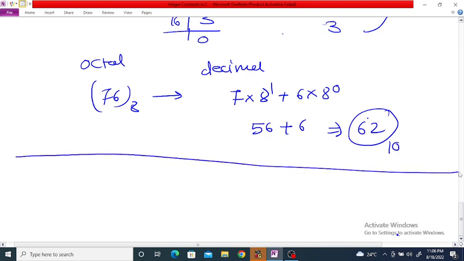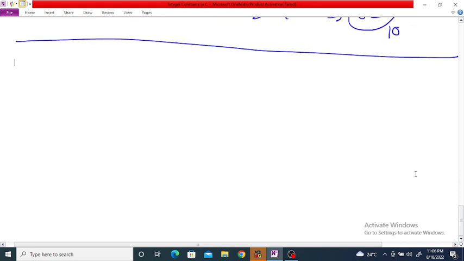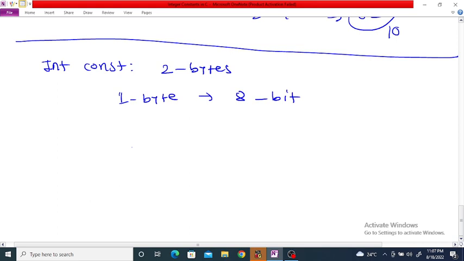Now next we are going to discuss the memory of an integer constant. As we know, an integer constant requires 2 bytes to store. Now we know that 1 byte is equal to 8 bits.